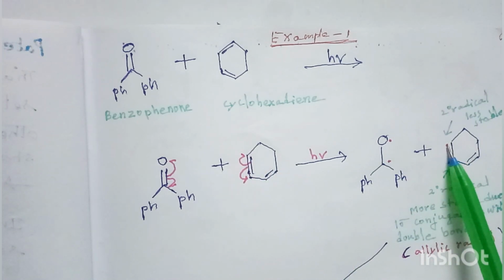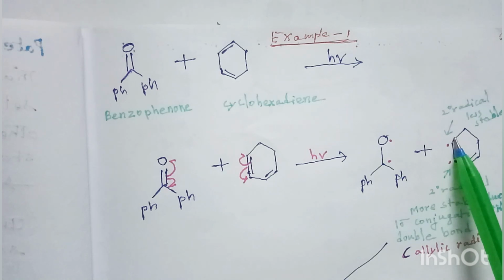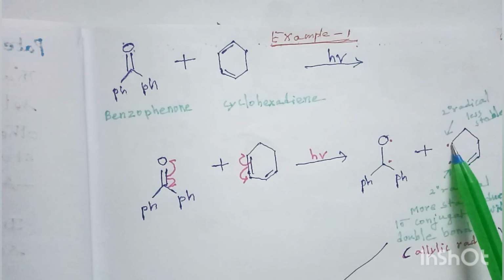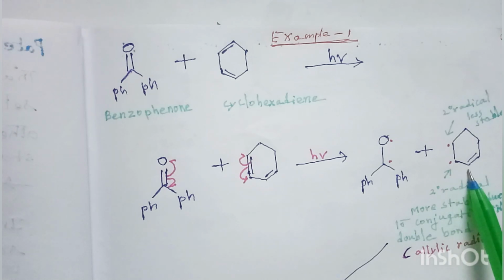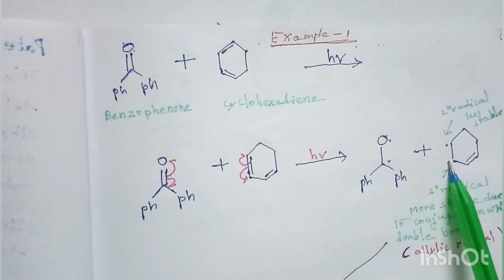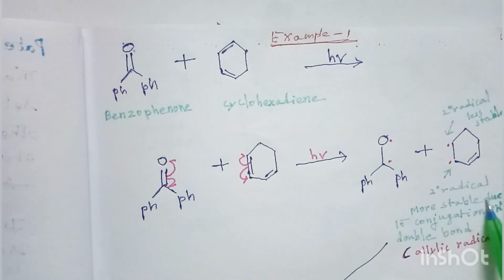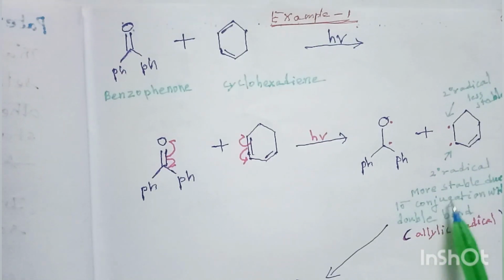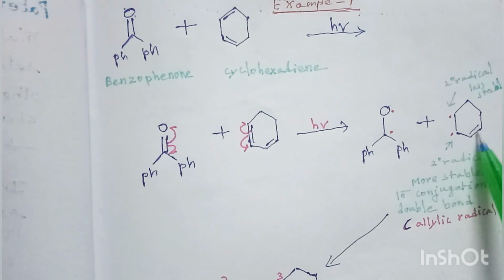This is one radical. This is a second degree radical because this carbon is attached to two carbons. This is also a second degree radical because this carbon is also attached to more carbons. But this radical is more stable because it is in conjugation with a double bond.